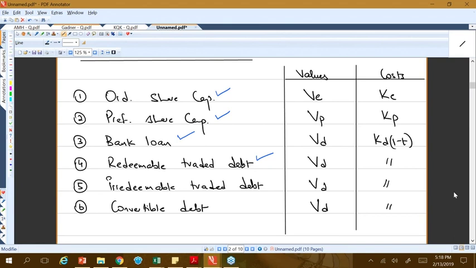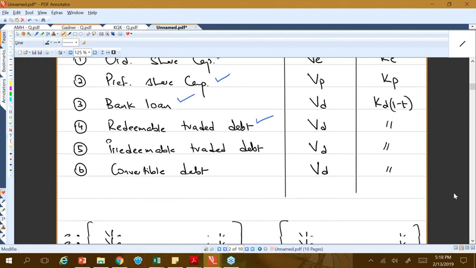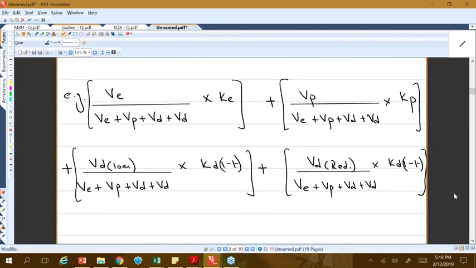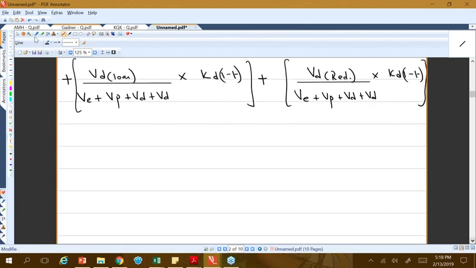And then eventually, we will look at a question which uses 4 sources of finance, and this is the calculation we will need to do on that question. Now, let's start looking at the calculations here, and let's do the values part first.